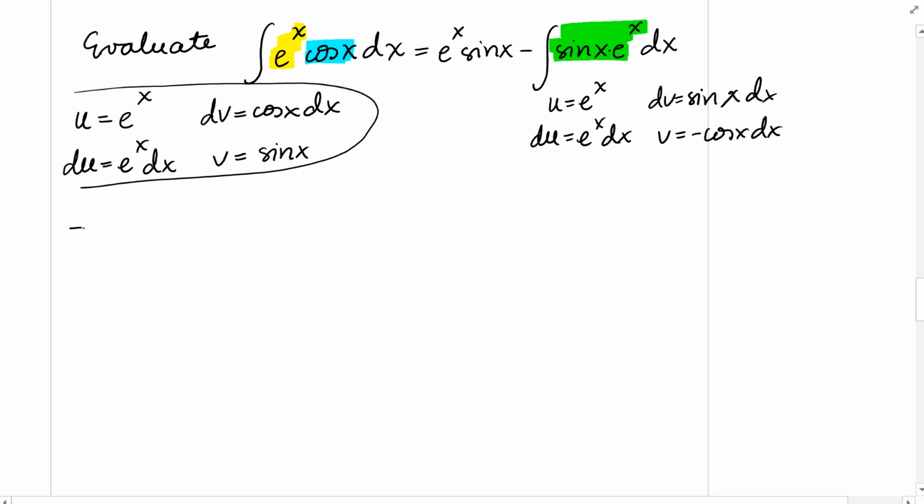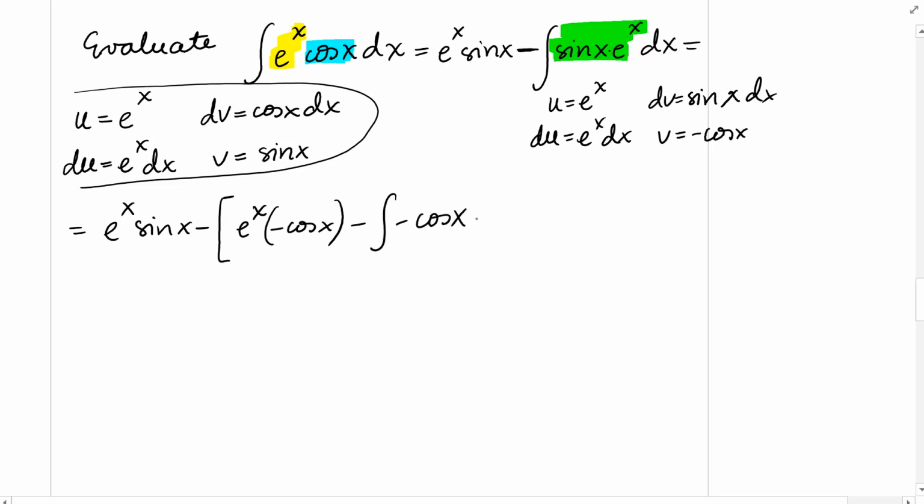So in other words, we're going to get e to the x sine of x minus, again, we saw that when we integrate by parts, we get 2 terms, so this minus is going to be in front of 2 terms, so I'm going to open parentheses. uv, so it's e to the x times negative cosine of x, minus integral of v, negative cosine of x, du, so e to the x dx.